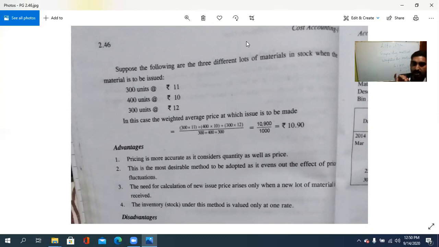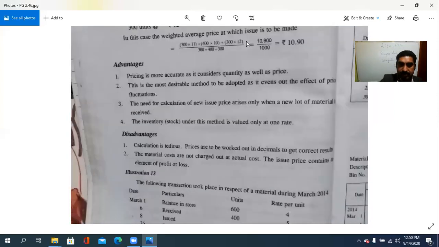So 1000 is the total units, and the total cost is 10,900. Divided by 1000, 10.9 is the price. With that 10.9, we are issuing the stock. You will become familiar with this when doing the problems.